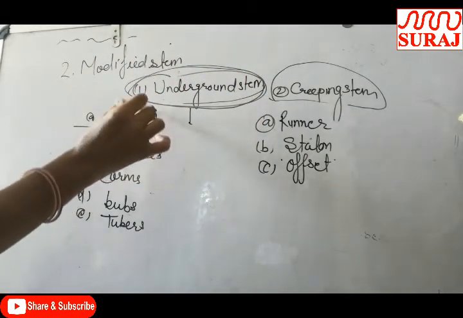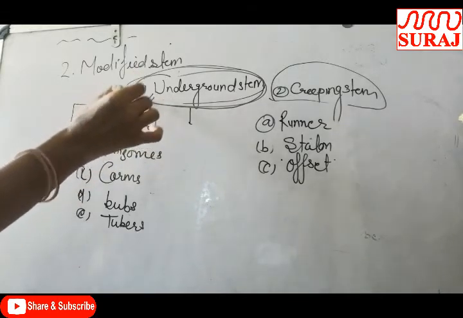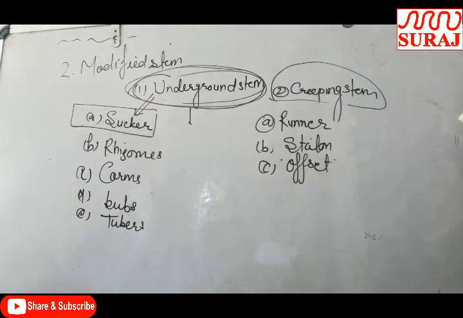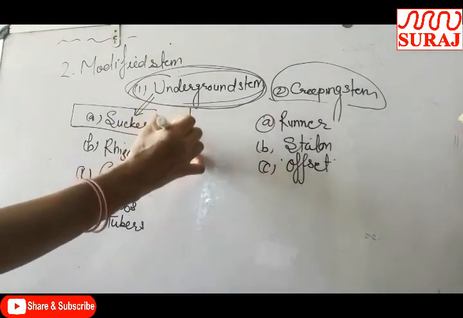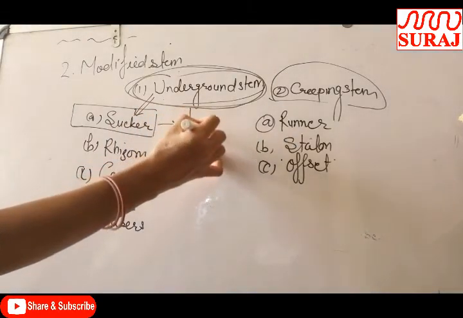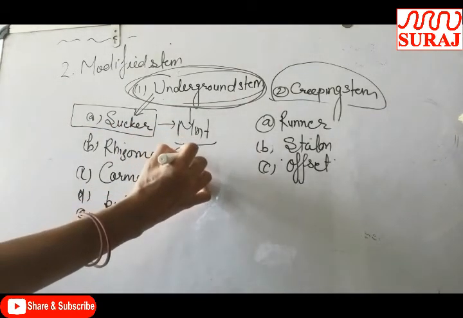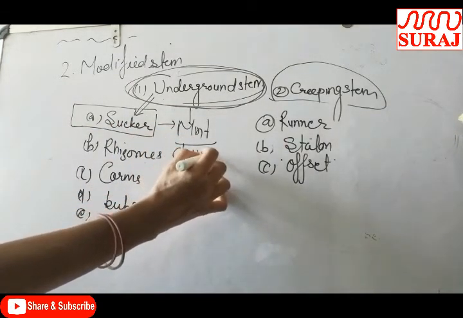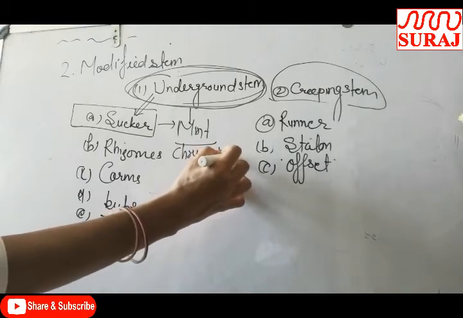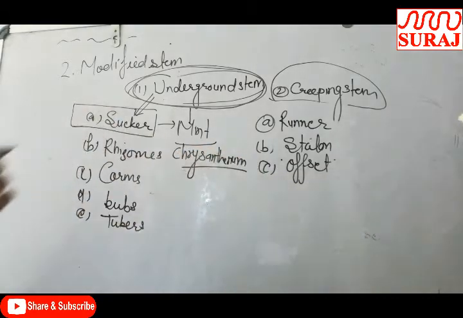First of all, we can say sucker. It is a modified underground stem and is present in mint and chrysanthemum, which grow and convert into new plants.